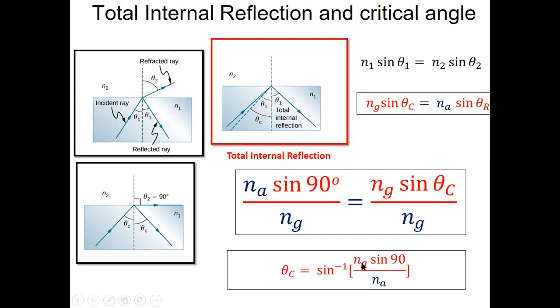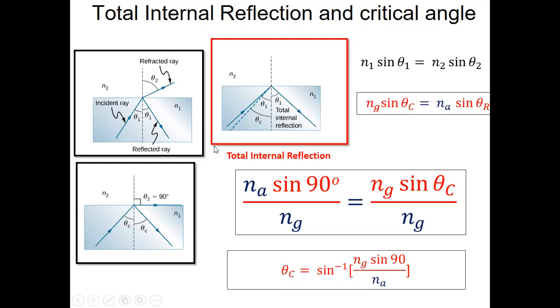Then you take the inverse sine of that number. Remember, it is not the sine of that number, but the inverse sine of this calculation. That way you can calculate the critical angle for glass to air refraction.